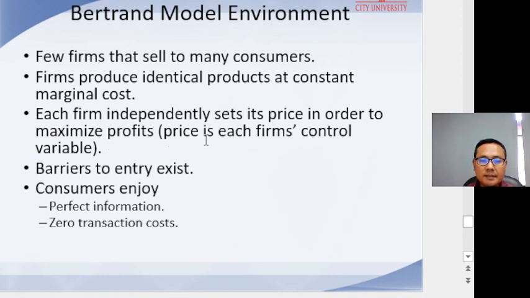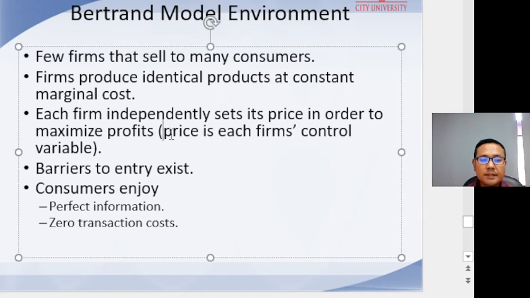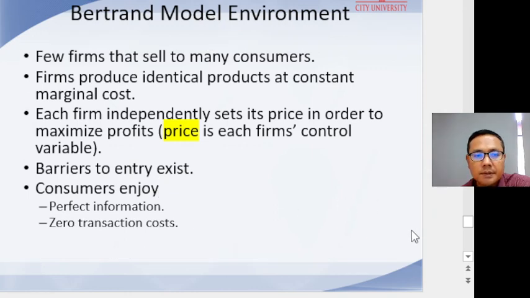So price is each firm's control variable. This is almost similar to Sweezy. As you can still remember, we are more focusing on price now. Barriers to entry exist, and consumers enjoy perfect information and zero transaction cost, right?